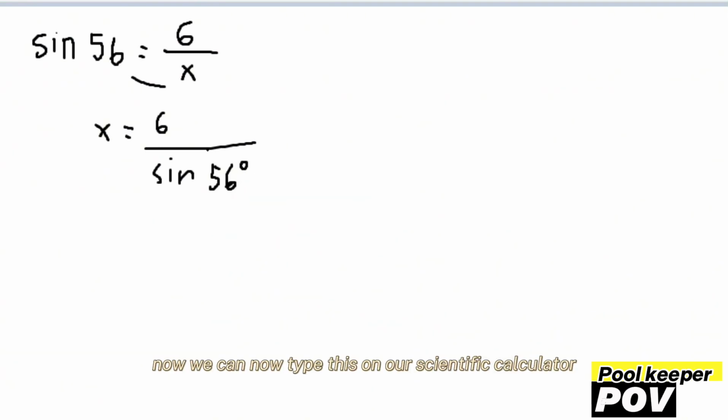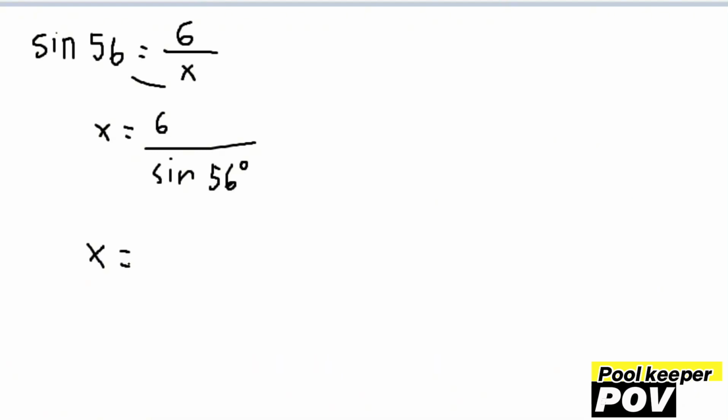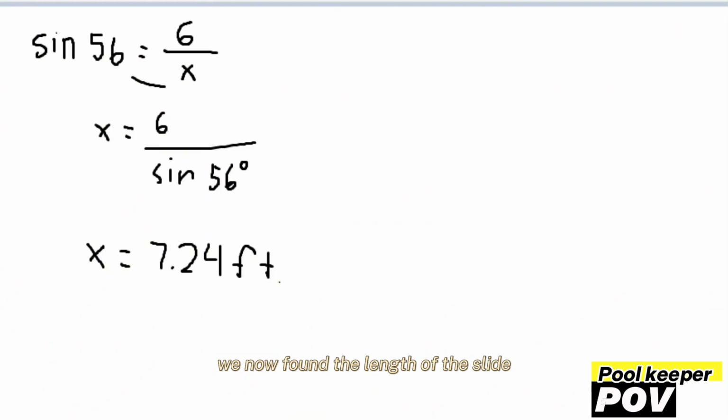Now we can type this on our scientific calculator, which will then give us x equals 7.24 feet. Don't forget the unit of measurement, which is feet. So, as simple as that, we now found the length of the slide.